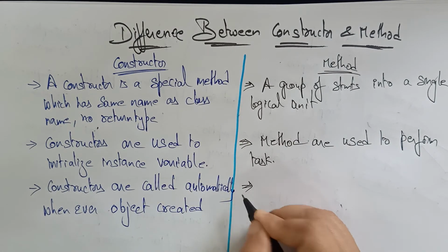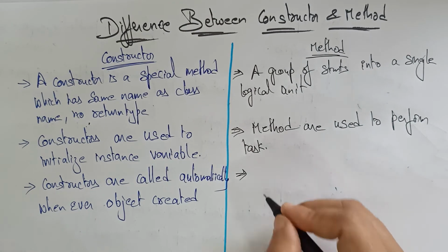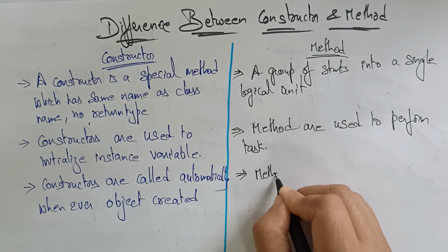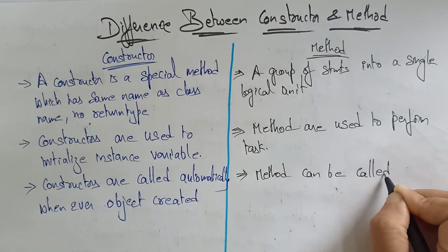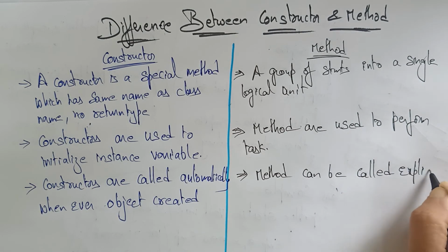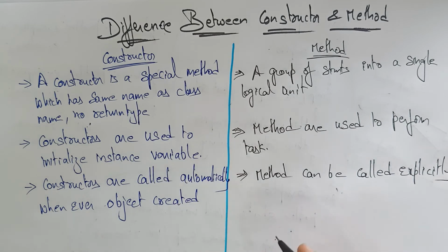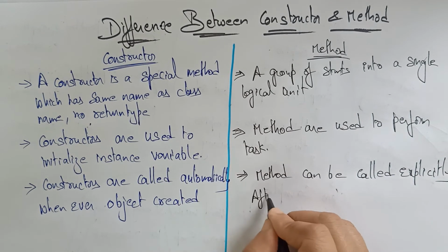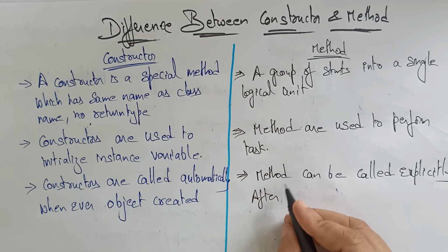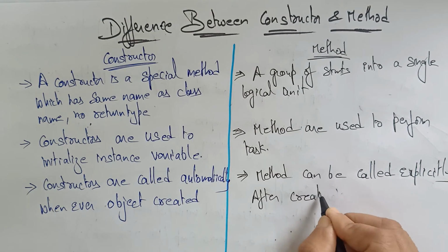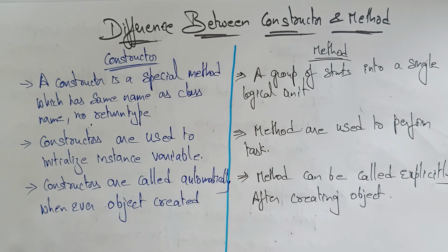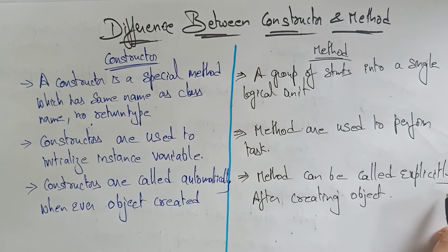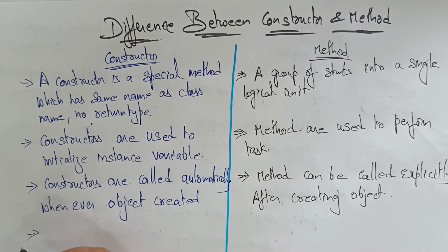You need to call a method explicitly, after creating the object. First you have to create an object, and only then can you call the method. But a constructor is called automatically whenever an object is created. A method can be called explicitly after creating the object.